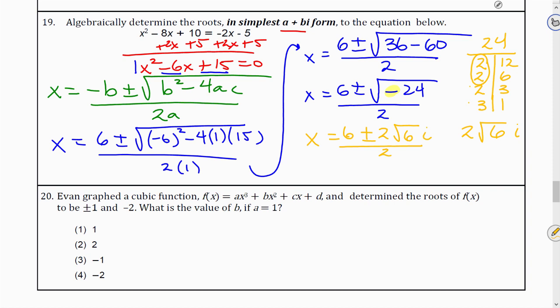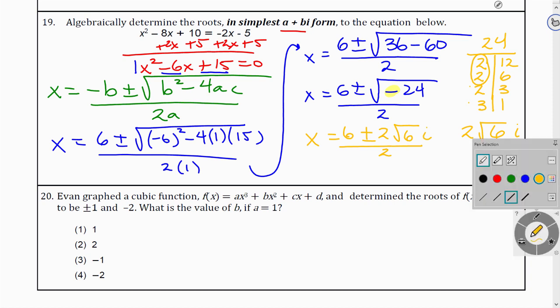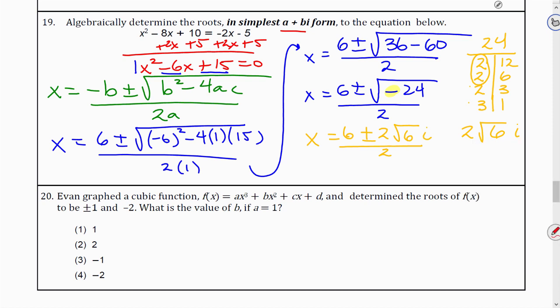And now I want to cancel off a 2 that's in every single term. You can't cross out whole numbers and square roots, and I also can't cross out just some of the terms. It's either everything or nothing. So there are 2's in here.